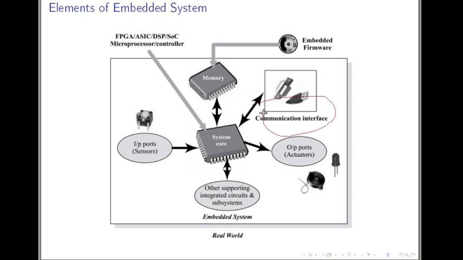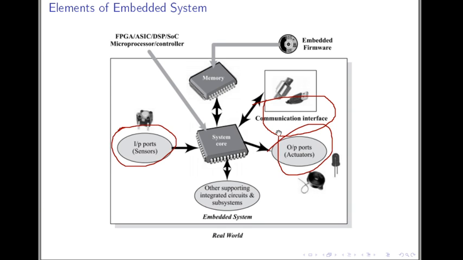An important point is that the embedded system is always connected with some larger system, so there must be communication interfaces. We'll see various options for communication interfaces. In most cases these processors are connected with various sensors and actuators. Sensors are used to collect data, while actuators are used to control particular devices.